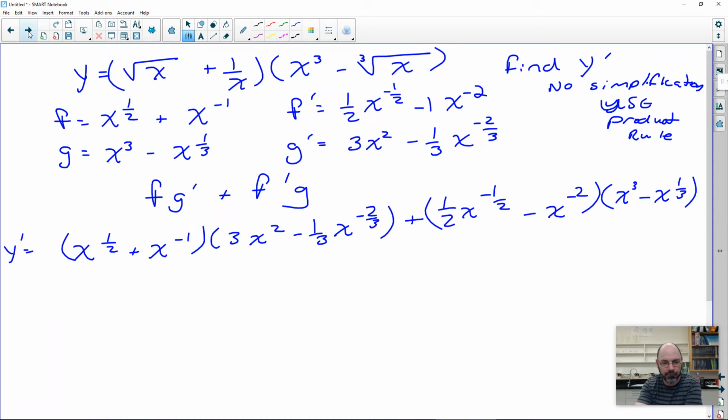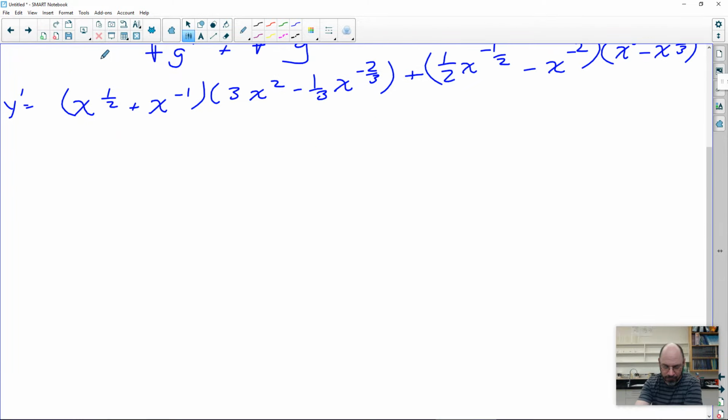So what does that mean? Well, let's rewrite the triple way. This is an example of a three expression product rule.